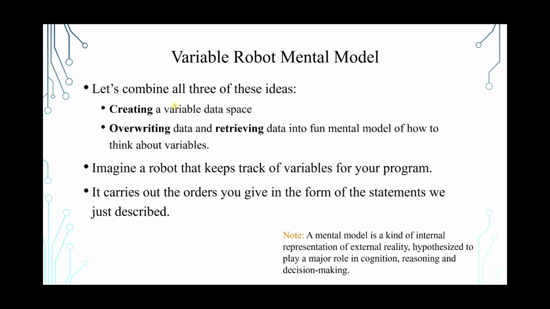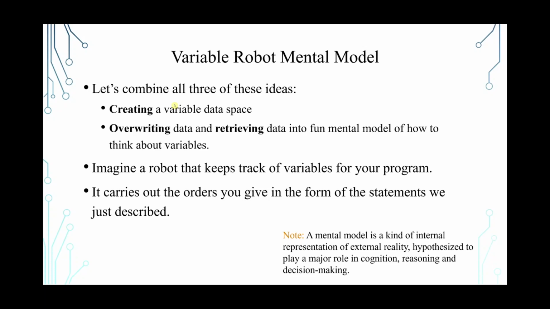Let's combine all three of these ideas: creating a variable, overriding a variable, and retrieving data from that variable into a fun mental model of how to think about variables. So imagine a robot that keeps track of a variable for your program. It carries out the orders you give in the form of the statements we just described.